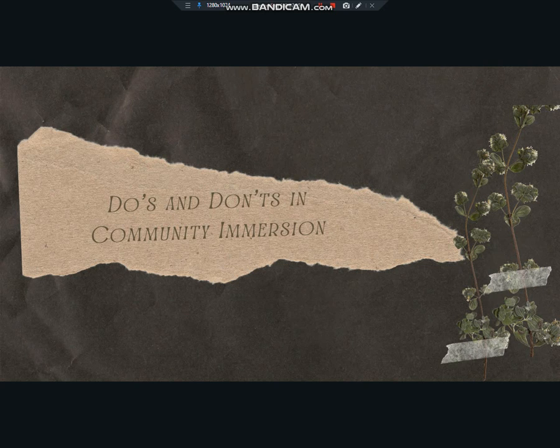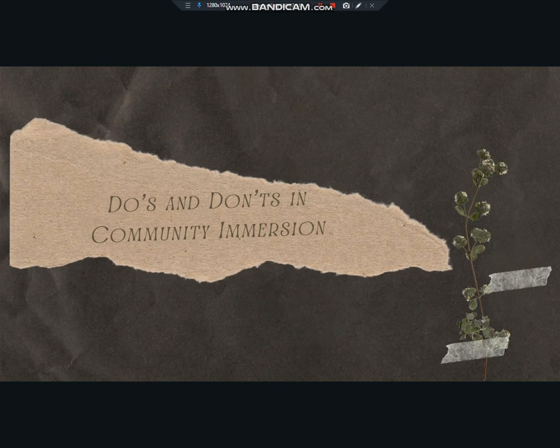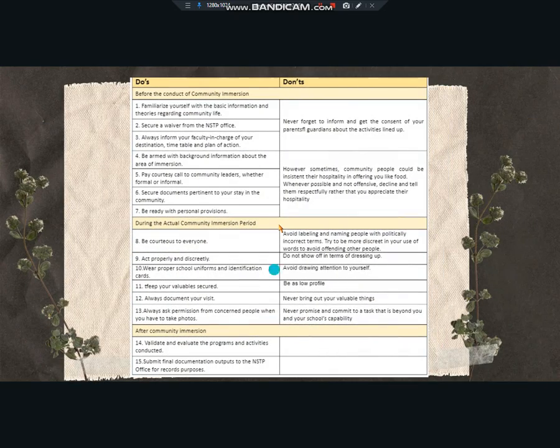Next, we have the do's and don'ts in community immersion. Dapat na talaga natin tandaan kung ano yung mga do's and don'ts. Okay, guys? So, the do's. Before talaga mag-conduct ng community immersion, dapat alam natin na meron talaga tayong mga waiver na galing sa office ng school natin, di ba?